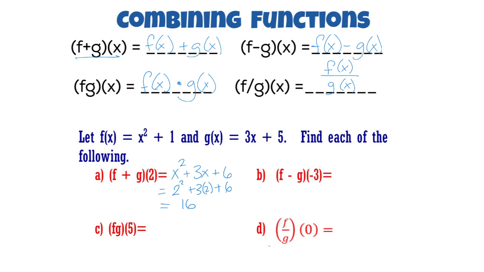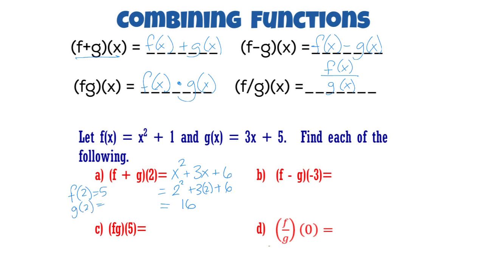So I'm just going to do this off to the side. If I were to plug 2 into the f function right here, that'd be 2 squared, so that'd be 4 plus 1. So that'd be a 5. So f of 2 is equal to 5.